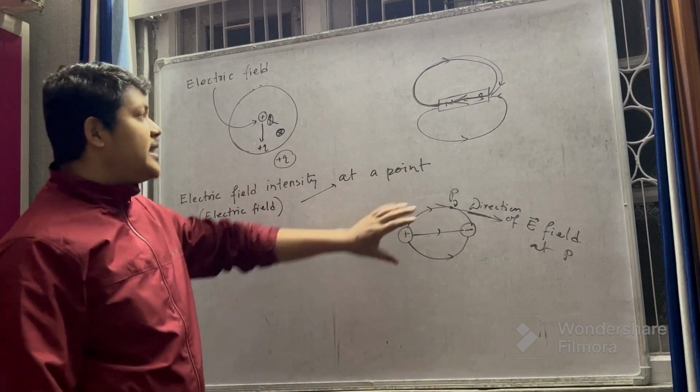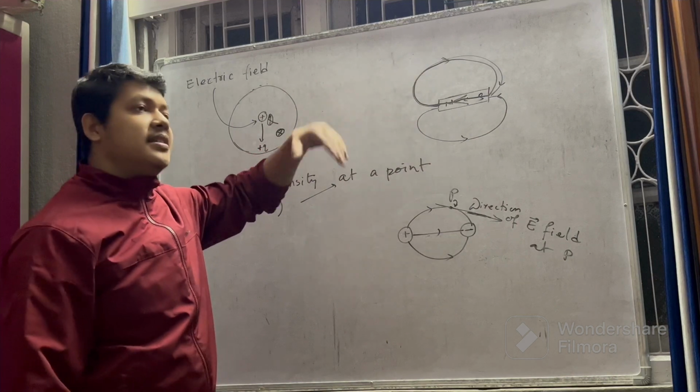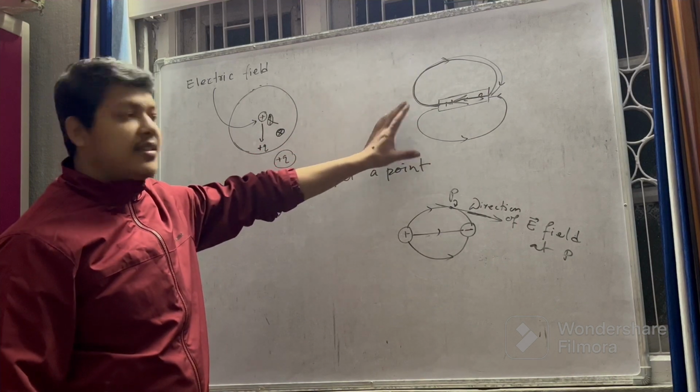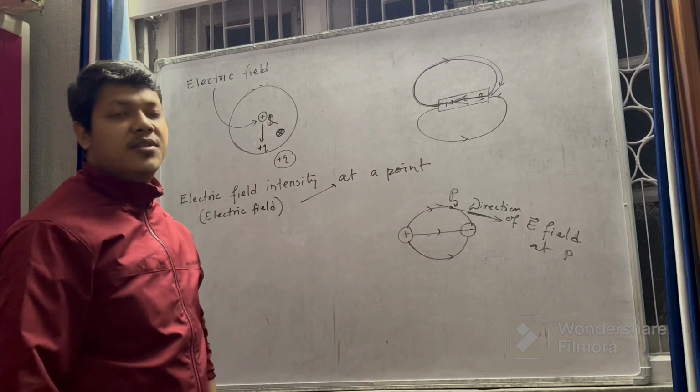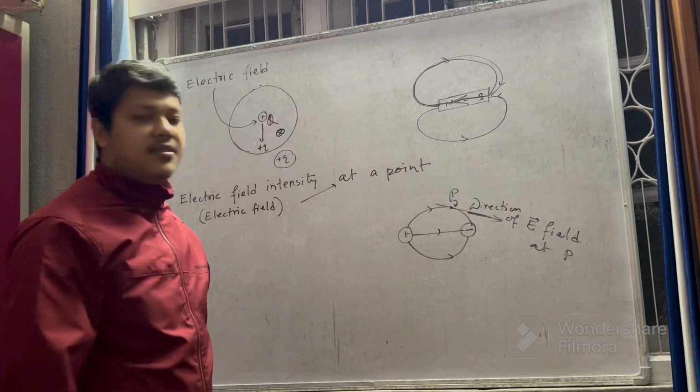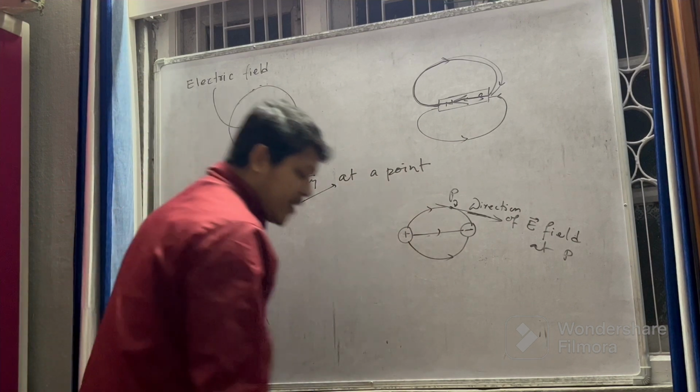Like the magnetic field lines, as you have studied in class 10, they do not intersect. Similarly, electric field lines also do not intersect. Remember those things.